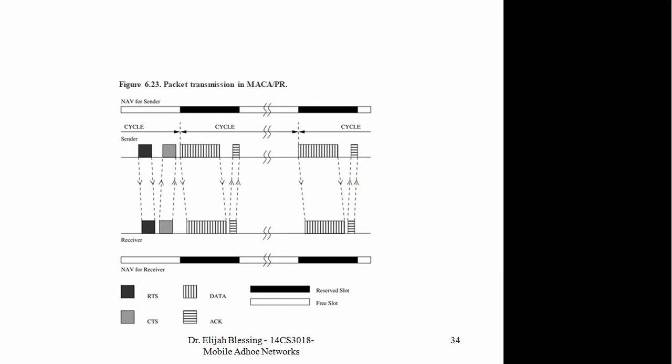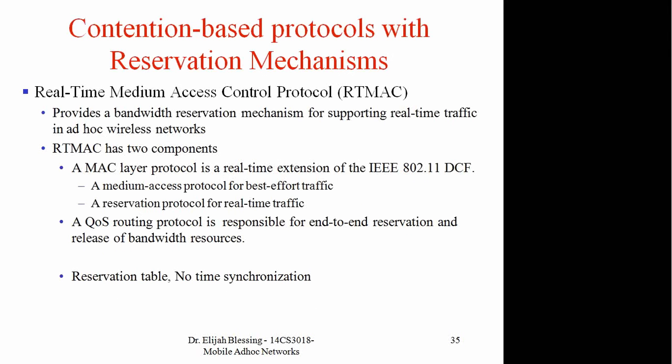Alright, so the next topic, and here we will close. This is the last protocol that we are going to look at under the reservation mechanism scheme. We have looked at around 6 to 8 protocols, I guess. So now we look at the real-time medium access control protocol.